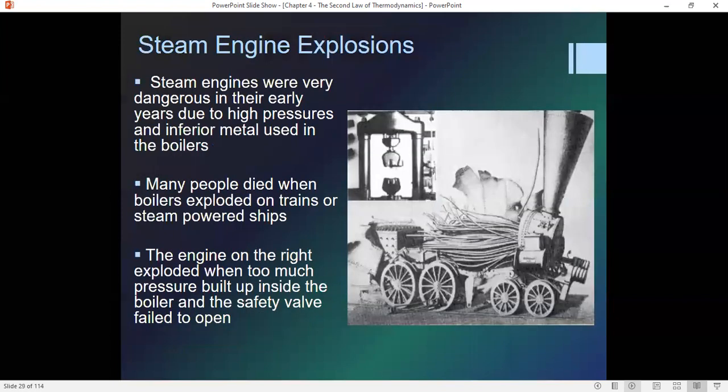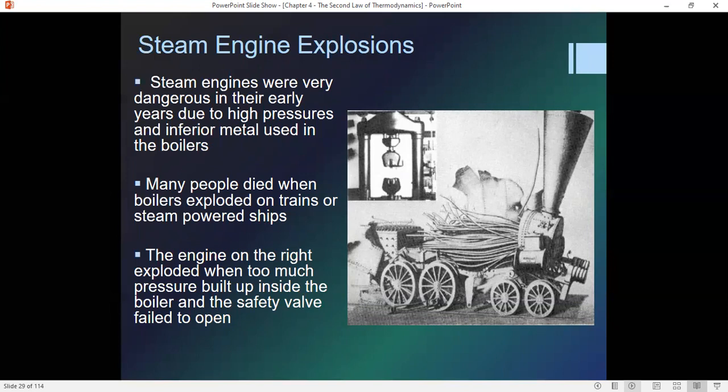Now, the steam engine, obviously works on steam, was a very dangerous thing to operate originally. The steam engine itself was actually more advanced than the metallurgy of the time. And the weak metal that the boilers were made out of meant that any pressure spikes could cause a steam explosion.